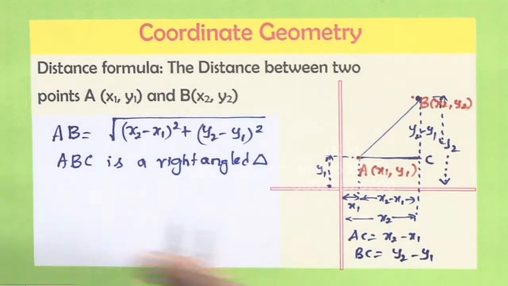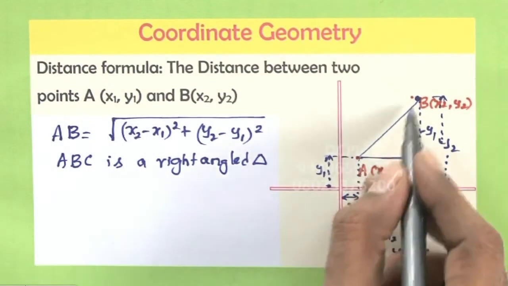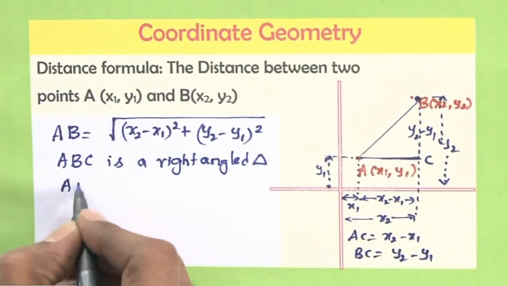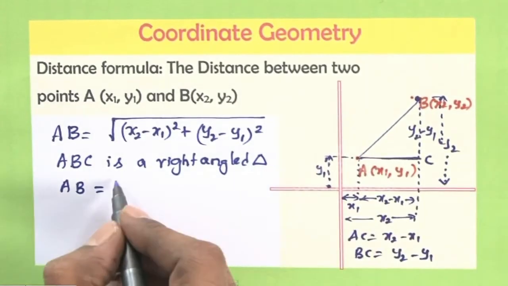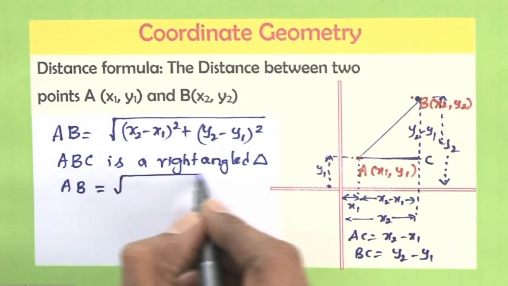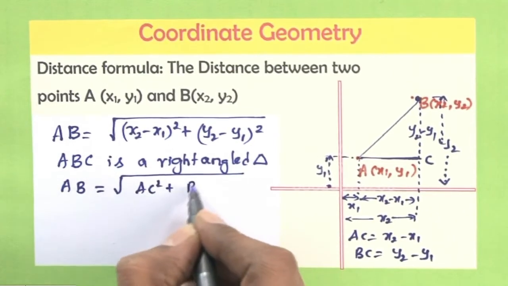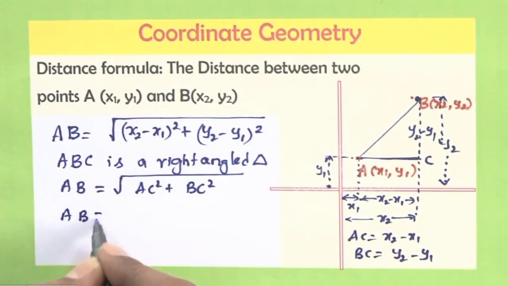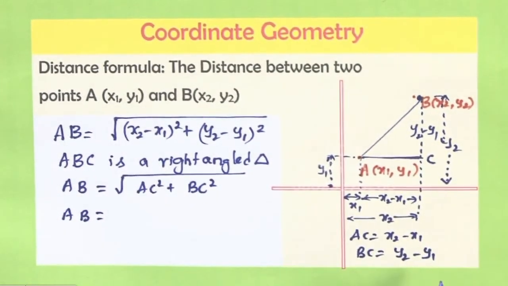And always remember that hypotenuse square is equal to the sum of squares of the other two sides. AB square is equal to AC square plus BC square, or AB is equal to the square root of AC square plus BC square. But here, AC we have as x2 minus x1, BC we have as y2 minus y1.